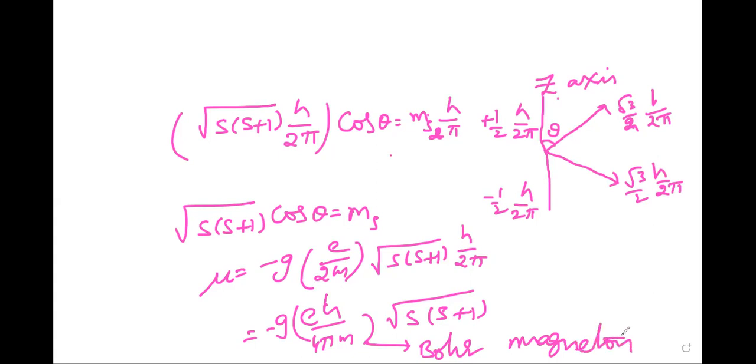The value of g for this electron is 2.0023. So then mu b is equal to eh by 4 pi m.